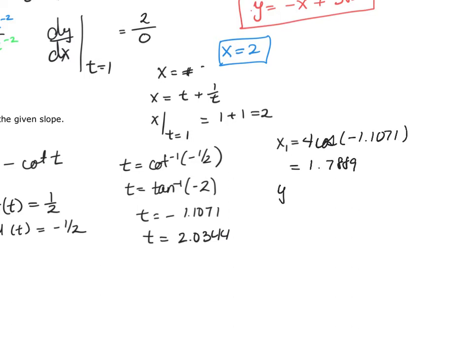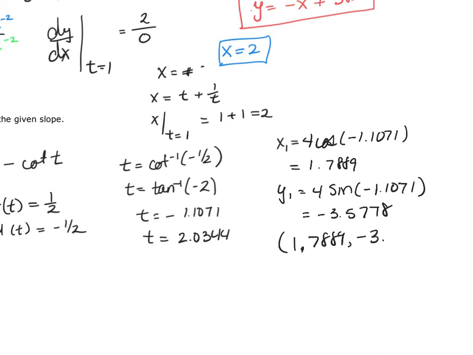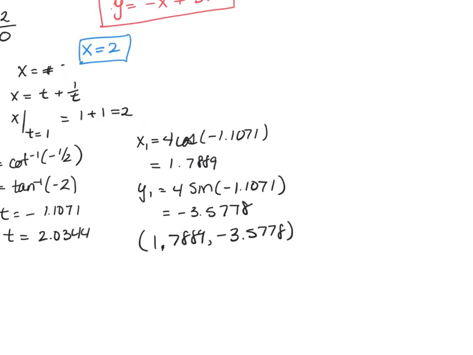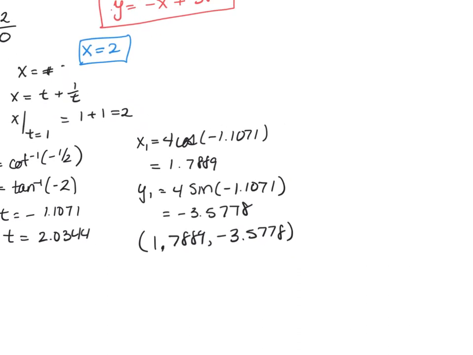I'm going to do the same thing with y1, which is 4 sine of negative 1.1071, and that gives me negative 3.577, one more, 3.5778. So my first ordered pair is (1.7889, negative 3.5778).